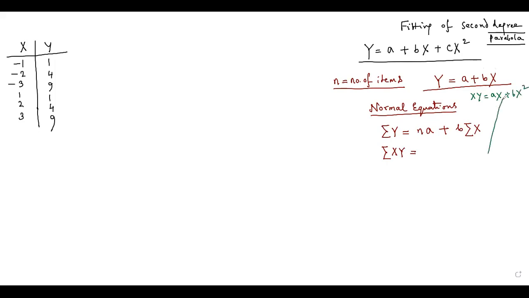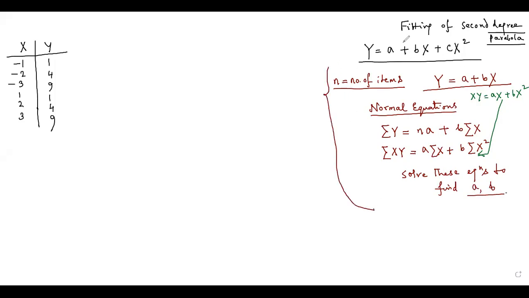And from there, we precede these terms by a summation sign, and we get the second normal equation, which is a summation x plus b summation x square. And then we solve these equations to find the unknown parameters small a and b.